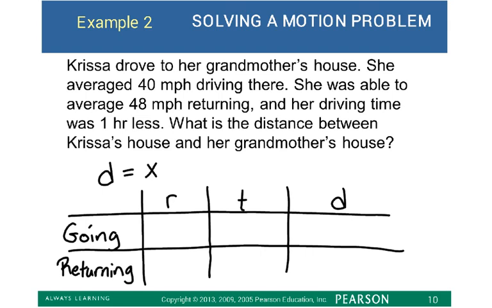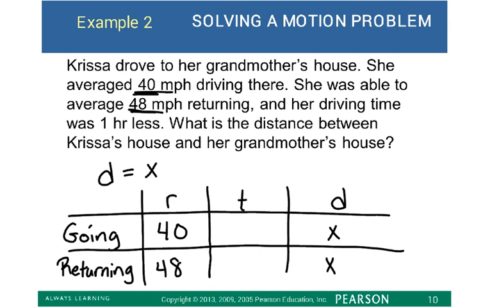Like I said, it's the same distance there and back, so x. And that's what we're trying to find. Our rate going is up here, 40 miles an hour. And our rate returning, right up here, 48 miles an hour.